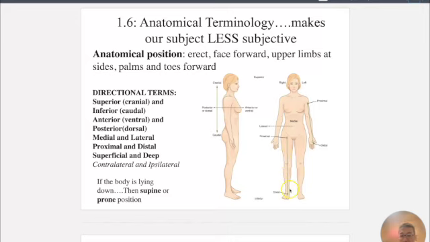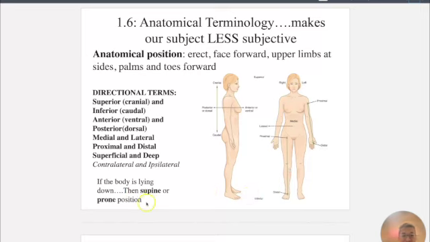So the ankle is distal to the knee, and the hip joint is proximal to the knee. But the knee is distal to the hip joint. I hope I didn't get you confused. If you're confused, I can explain it to you again in class. It'll be better demonstrating. Okay?